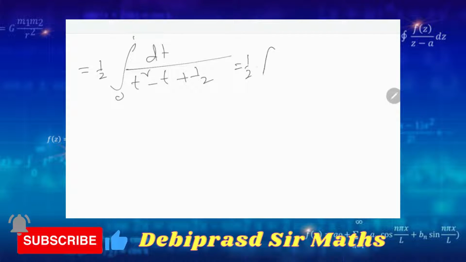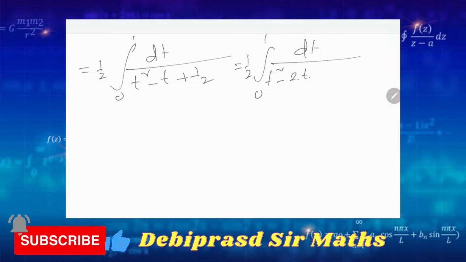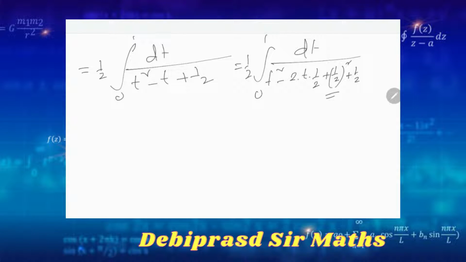Now 1 by 2, integral from 0 to 1 dt by t square minus 2 into t into 1 by 2 plus (1 by 2) whole square plus 1 by 2. That term was not there, we inserted it, so we will subtract that value.